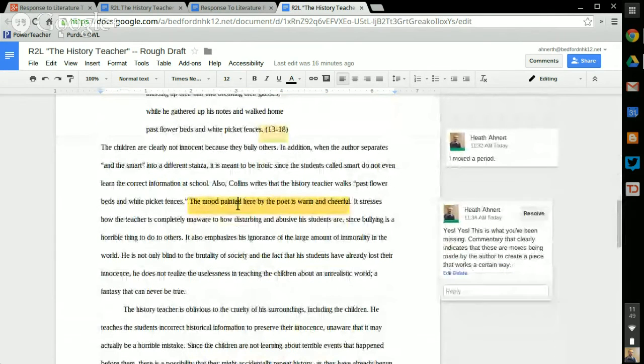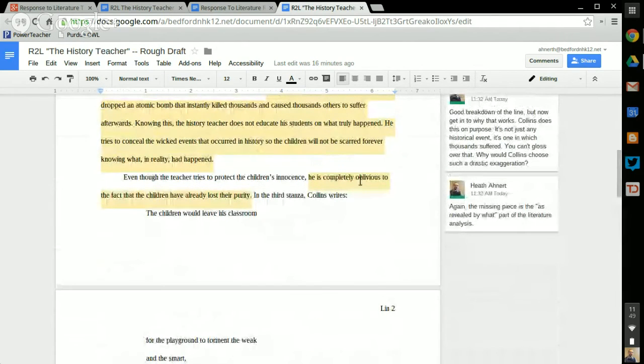Down here, in her commentary, she says, the mood painted here by the poet is warm and cheerful. That's what we're talking about. That warm and cheerful mood, is that what is showing that he's oblivious? Because while the children are punching each other and doing the stuff in the classroom, it's a nice sunny day and there's flowers.